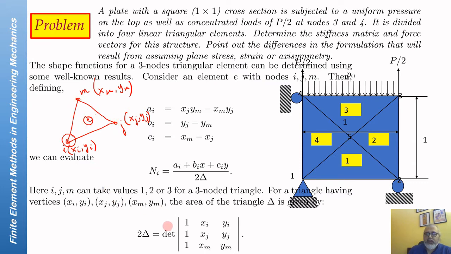Apart from this, we will have to calculate the area of this element, and this area is known if you know the nodal coordinates, and you might be familiar with this formula. You can take the determinant of 1 x1 y1, 1 x2 y2, 1 x3 y3, and you get twice the area. Once you have got this area of the triangle and these three constants, you can calculate Ni, which is the shape function defined at this node.